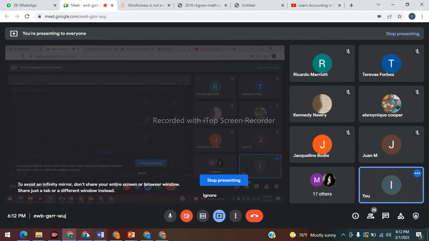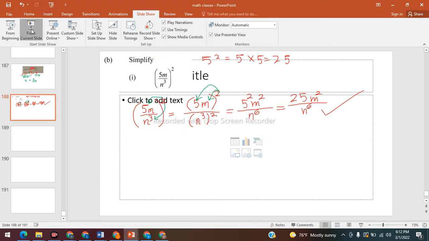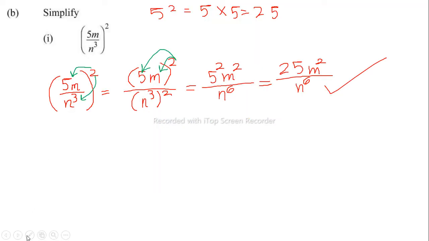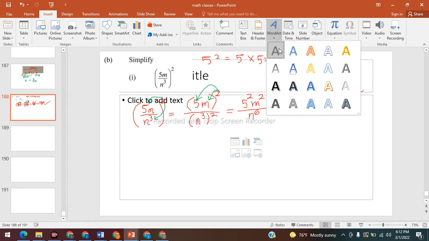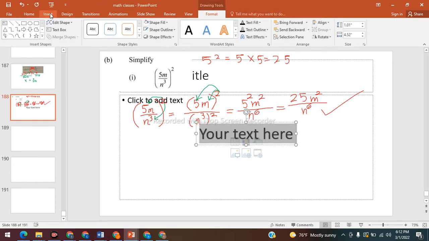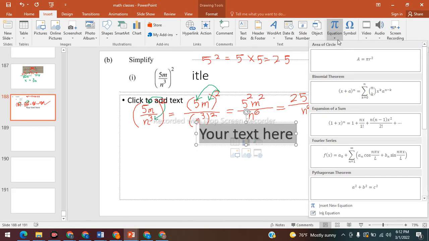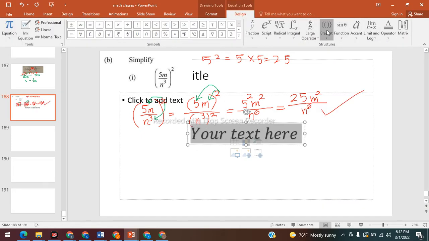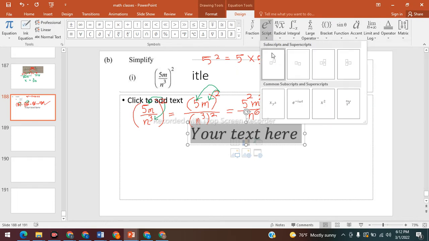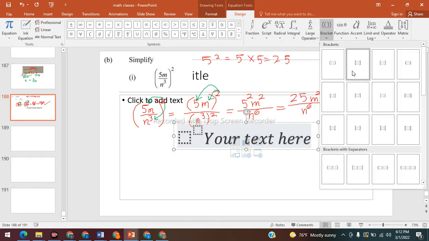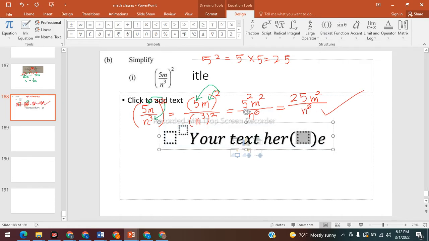Okay, so let me do another one. I'm gonna give you 2 more. So let's say we had an open bracket, and first I want to put it to the power of something.